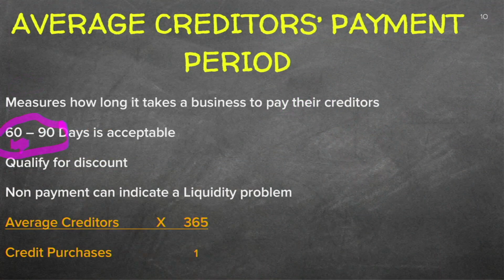However, let's just work on 60 days for now. So if I paid my creditors around 57, 58, 59 days, I still qualify for discount. And so that's important to my business because I have allowed my debtors discount, but I want to receive discount from my creditors.